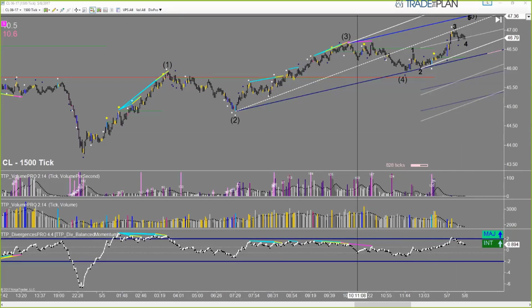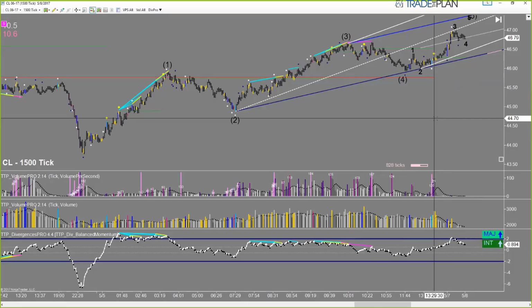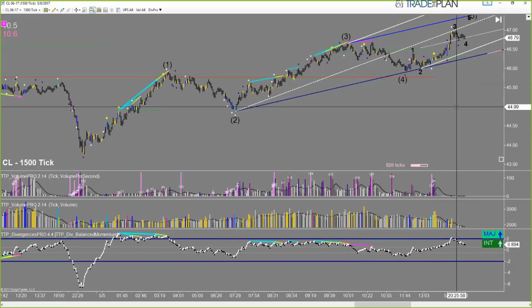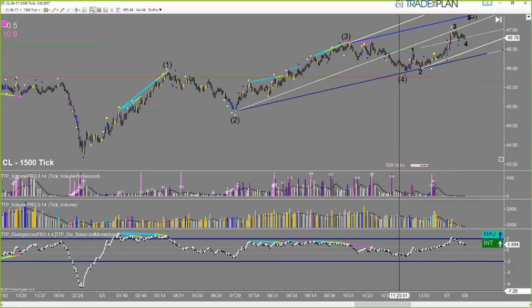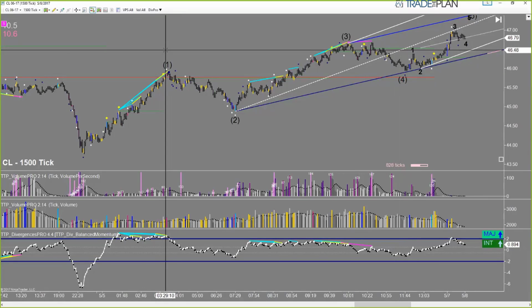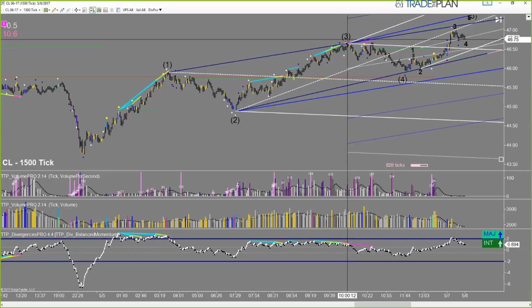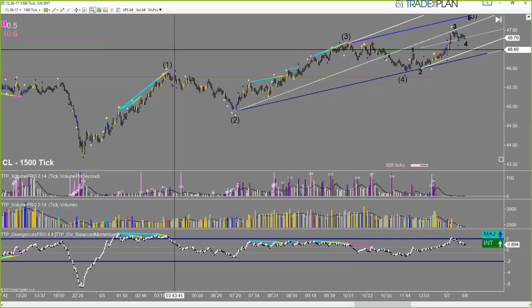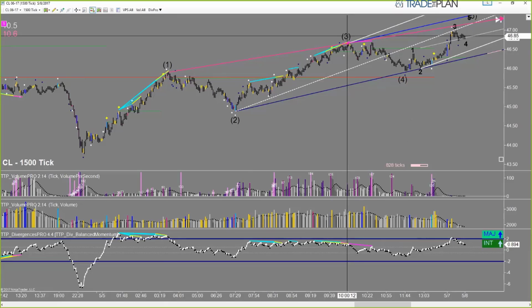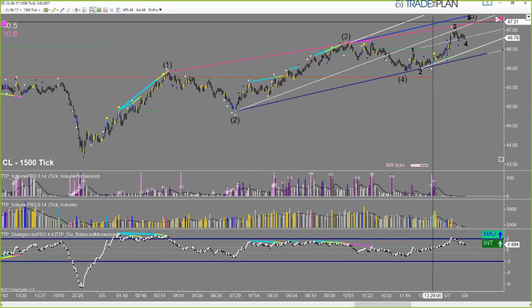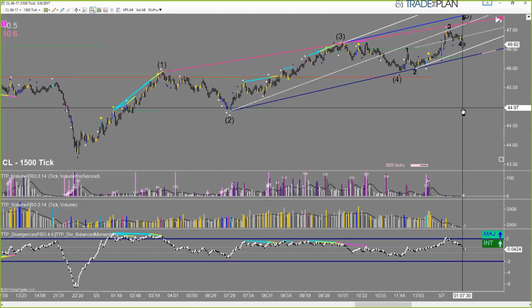Everybody has their own style of trading and their own opinions and ideas of what's useful and what's not. But I know what's useful to me, and that's what I do. This is probably the area that we're going to run into, the trend line from high to high here, or the top of this channel, one or the other, or neither.